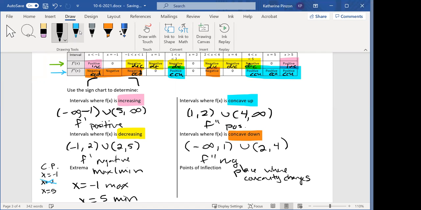So the concavity changes direction here when it goes from concave down to concave up. And then again here, where it goes from concave up to concave down. And then again there, where it goes from concave down to concave up. So I have 3 inflection points, x equals 1, x equals 2, and x equals 4.